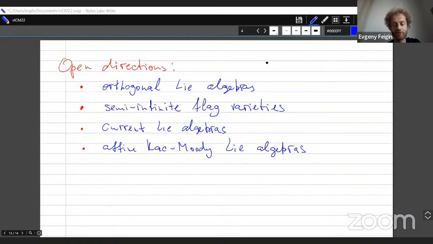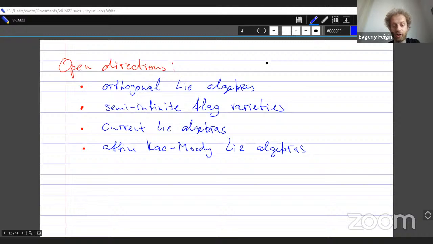However, not too much is known, and there are many questions to be studied here. Of course, there is a representation theoretic counterpart for this semi-infinite world. These are current Lie algebras, tensor products of simple Lie algebras with polynomials in one variable. These algebras have nice highest weight modules, the analogs of them.